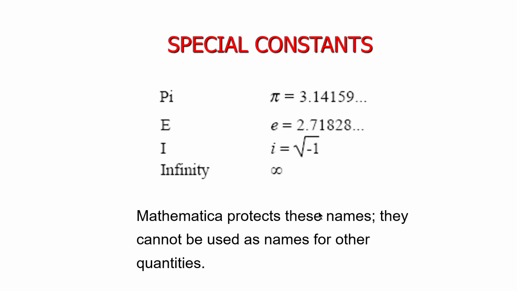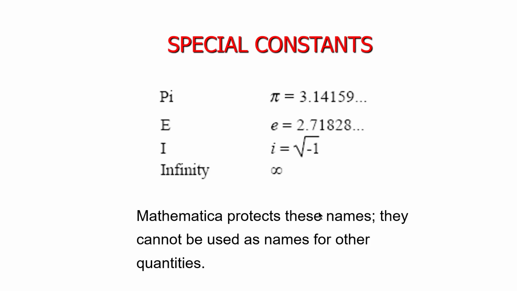Yes, there are special constants. Like if you write capital P and then I, Mathematica understands this as pi, which is an irrational number. Pi has the value 3.14159 and so on. Similarly, capital E is designated in Mathematica for the exponential, whose value is written in front of you.